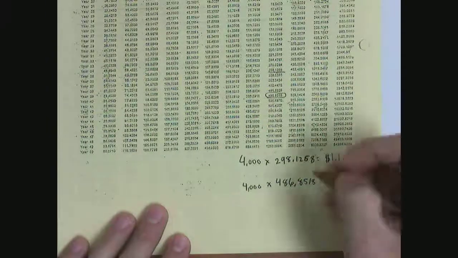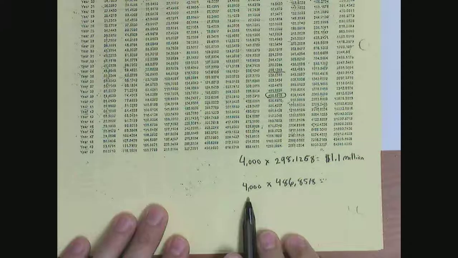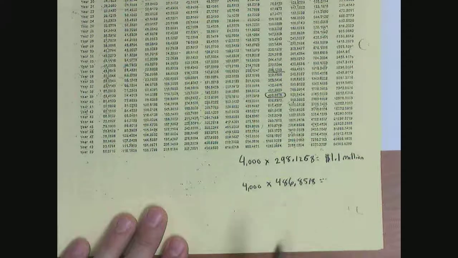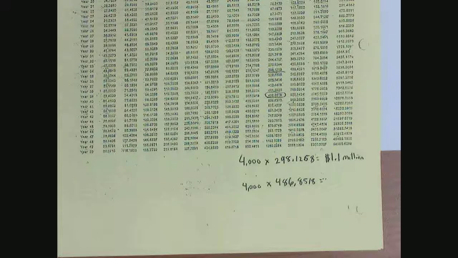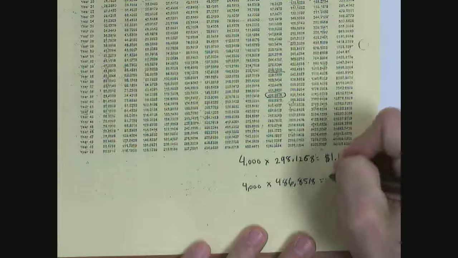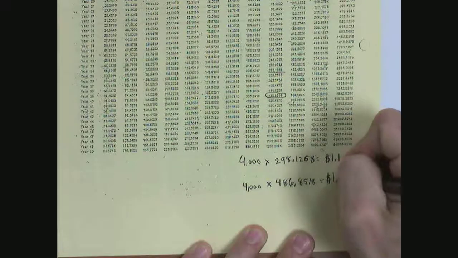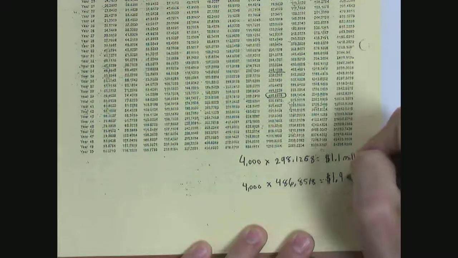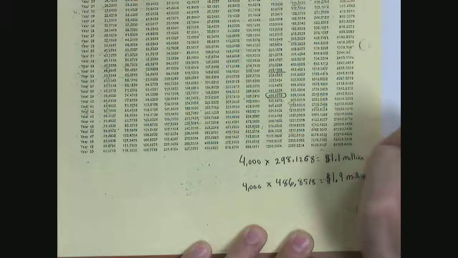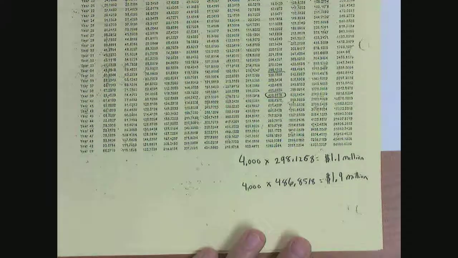Put that in a calculator. $4,000 a year, and I never got a raise, but I put it in for 40 years instead of just 35. What do I end up with? $1.9 million. Hello, I'm a millionaire.